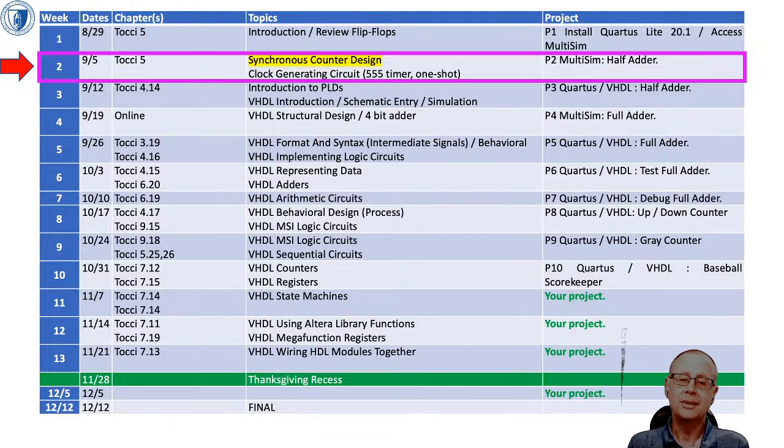Asynchronous means that the effect of an input change to the digital circuit happens immediately. There's no waiting for a clock transition. A synchronous circuit will have the outputs not change until there's either a positive transition on the input clock or a negative transition on the input clock, depending on the sort of device you have.